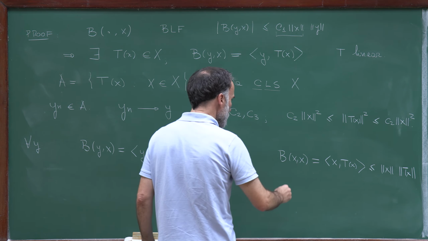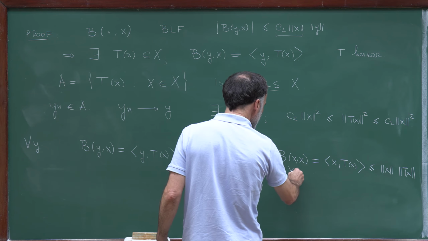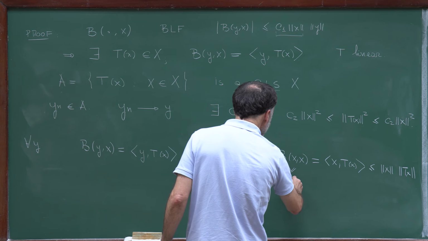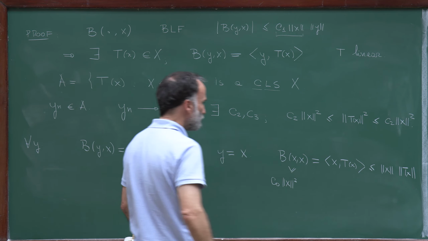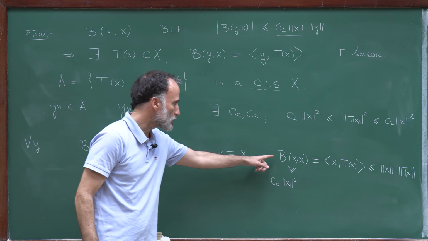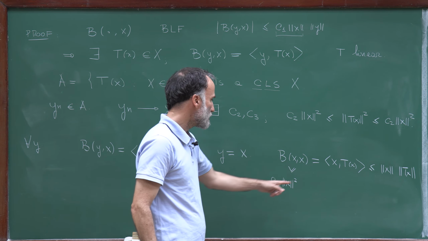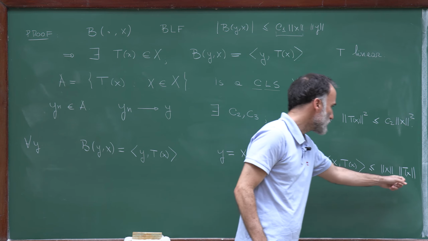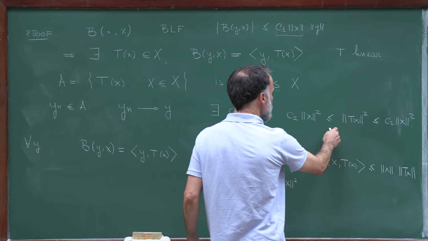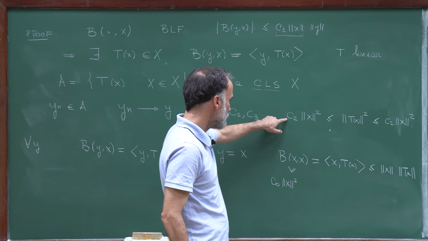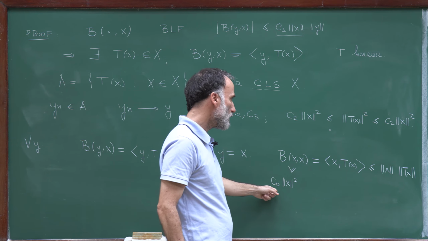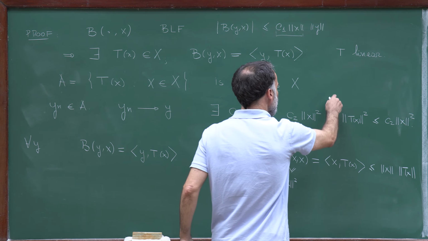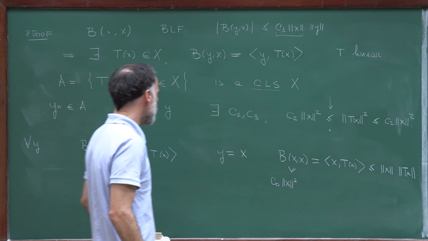On the other hand, we know that B(x, x) is bounded below by c0 times the norm of x squared. This is one of the assumptions on B. And from this inequality, we get that c0 times the norm of x is bounded by the norm of Tx. So it's this inequality where C2 will be just c0 squared. So we proved that inequality.